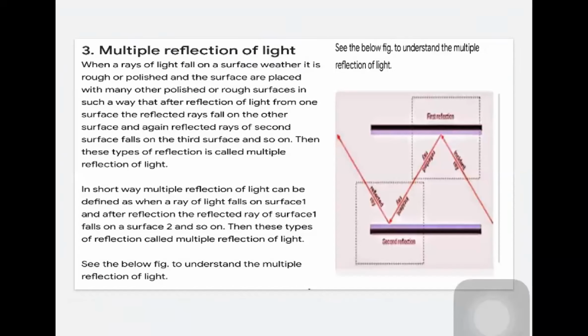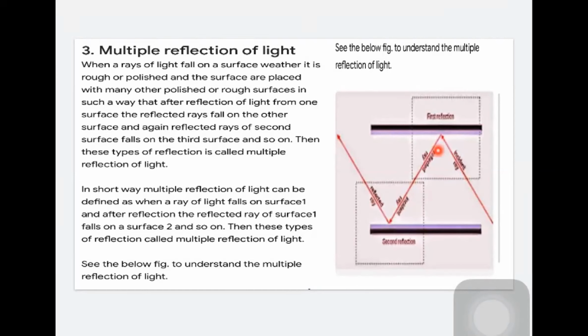The third type of reflection of light is called multiple reflection of light. Now you can see two mirrors placed parallel to each other. What happens is a ray of light is incident on the first mirror. Definitely the incident ray will suffer reflection here since the surface is polished.